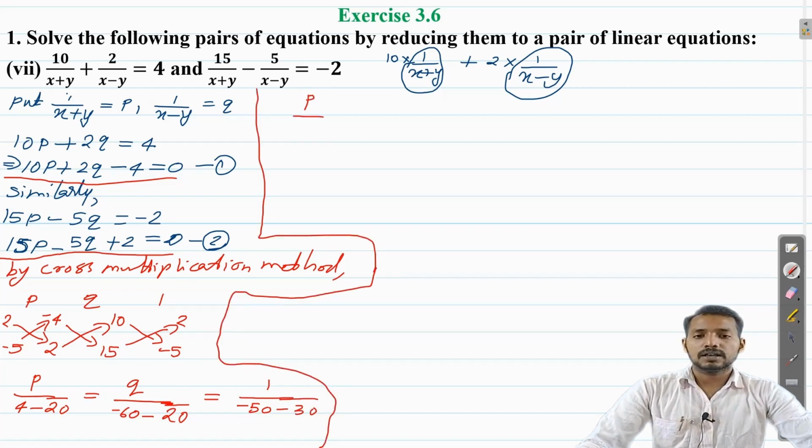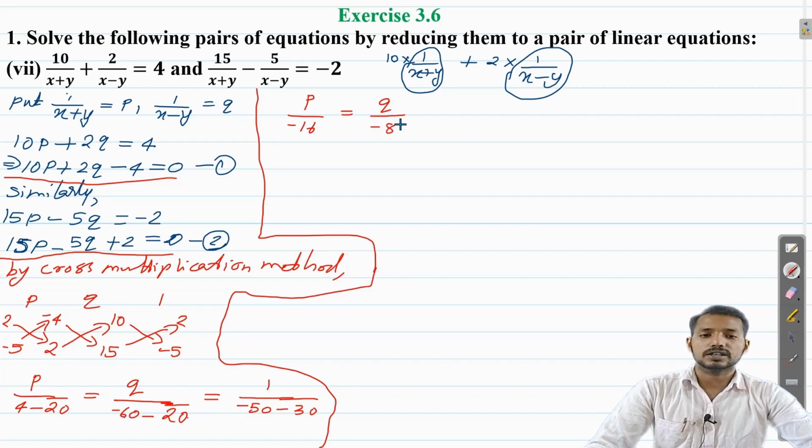P divided by 4 minus 20 is equal to minus 16, which is equal to Q divided by minus 60 minus 20 is equal to minus 80, which is equal to 1 divided by minus 50 minus 30 is equal to minus 80.